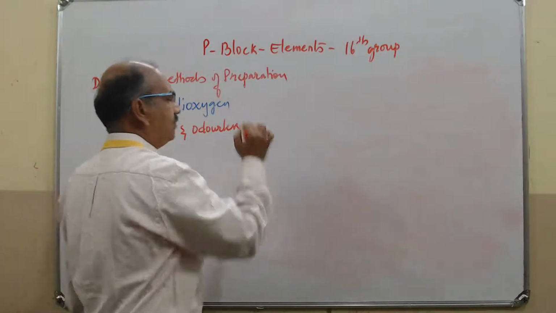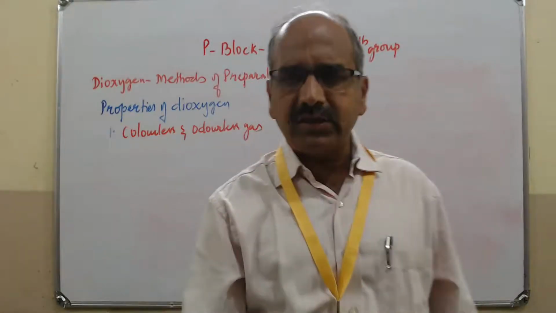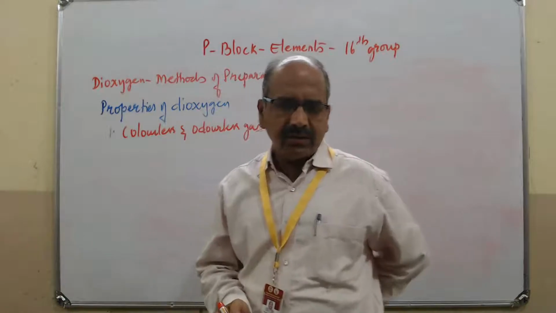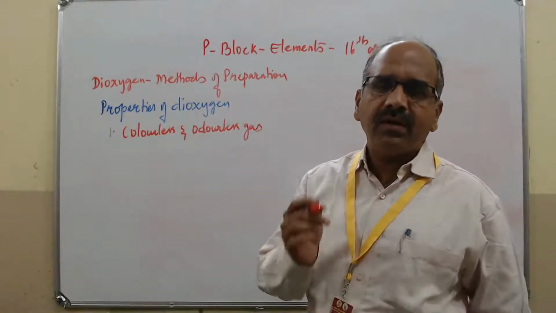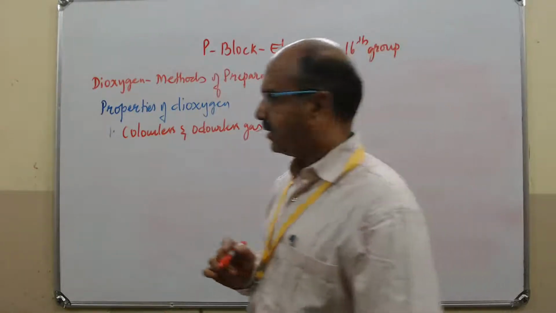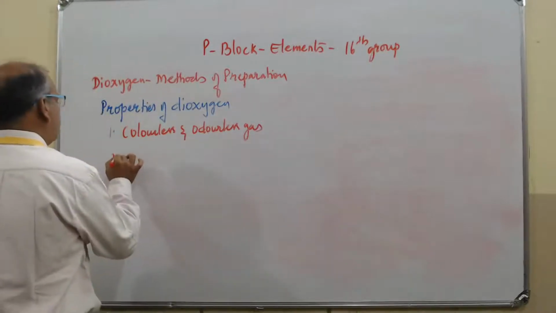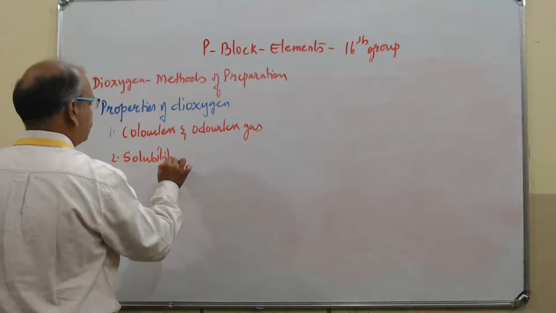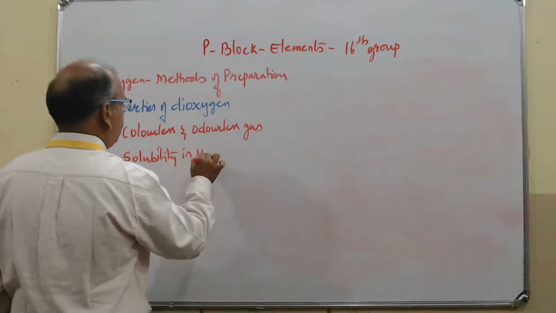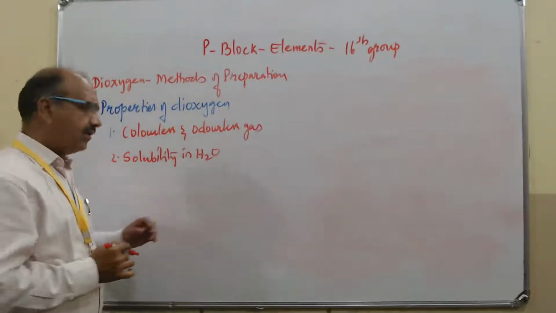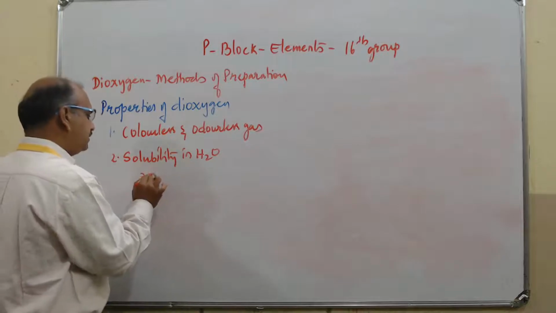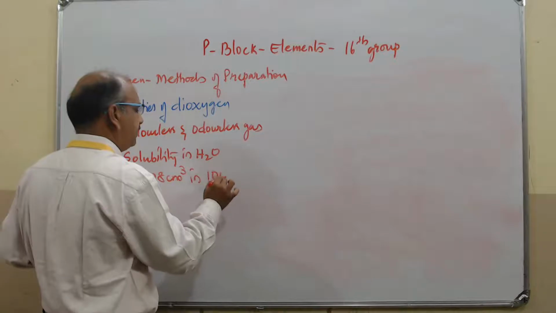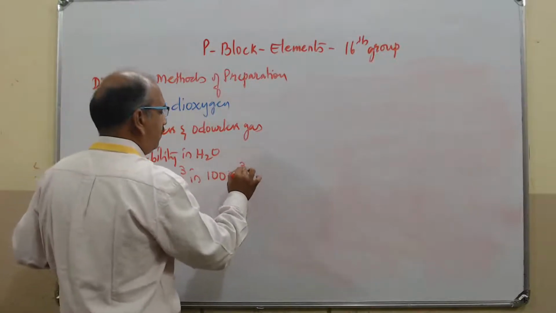Next, solubility in water is how much? The solubility in water is 3.08 cm cubed in 100 cm cubed of water.